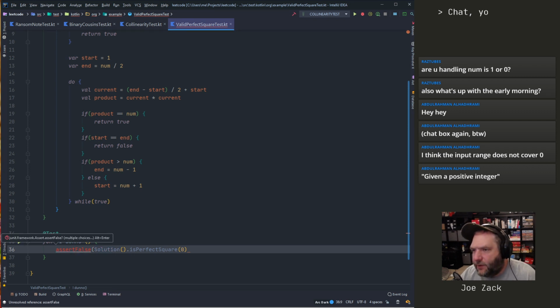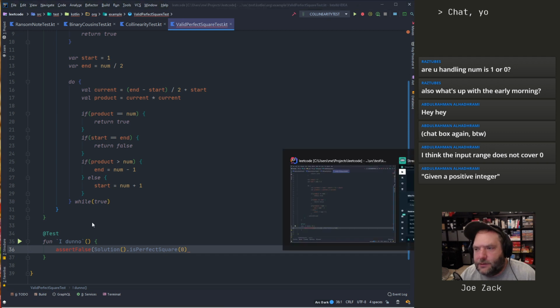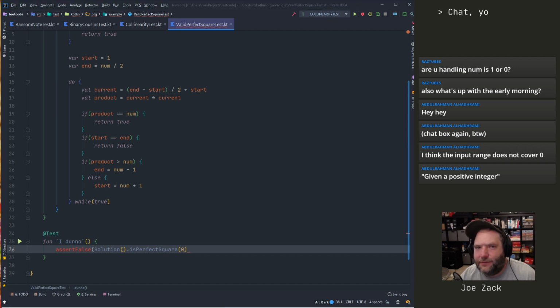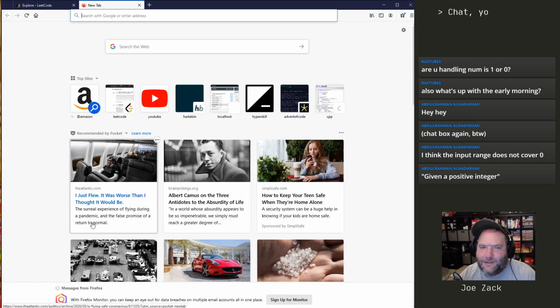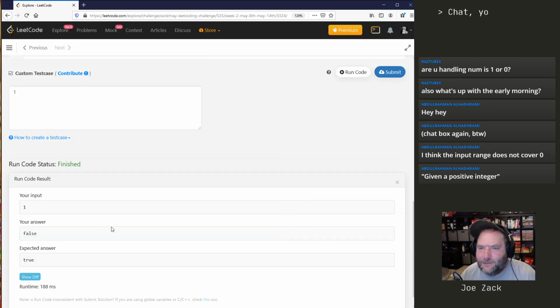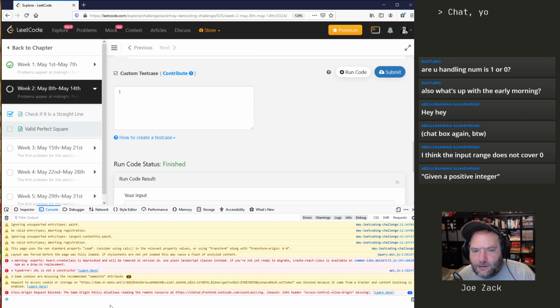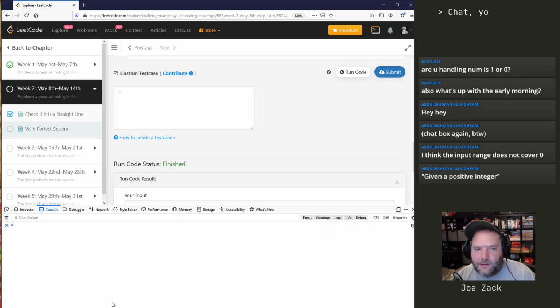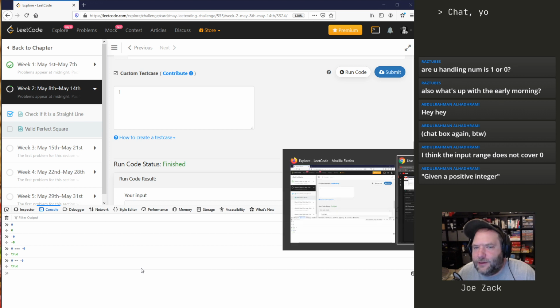Given a positive number, and I guess 0 is not positive unless you're in JavaScript, because JavaScript has positive 0. Make sure that's true. I think because of the number encoding they have, there's 0 and there's negative 0. Does 0 equal negative 0? Phew. Okay. Lucky for us.